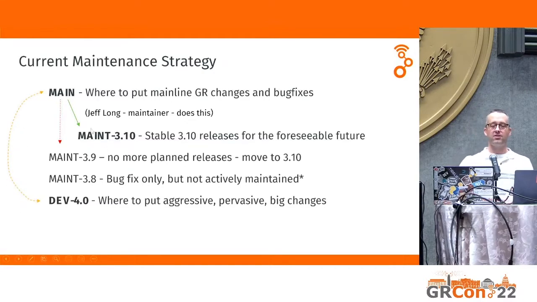And then the other thing that we'll ask is if you want to propose or you have some kind of big pervasive changes, let's look forward to 4.0 to do those. Let's use those to accelerate the progress of 4.0. And then if something is safe enough to get back into the main code branches, then we'll consider putting that back in main, and then it can roll into the maintenance releases.